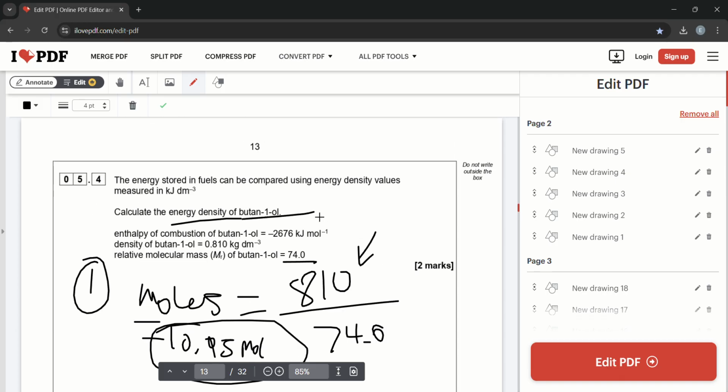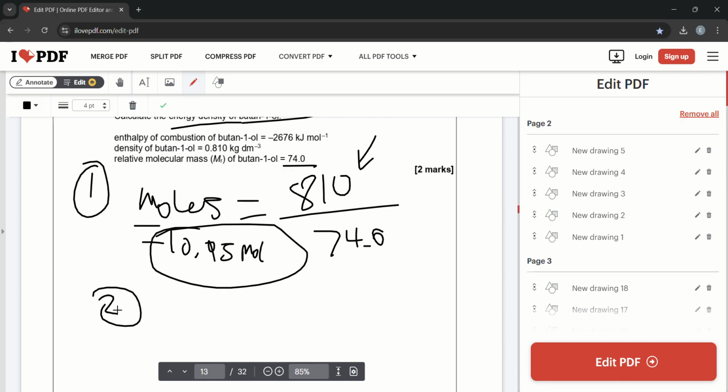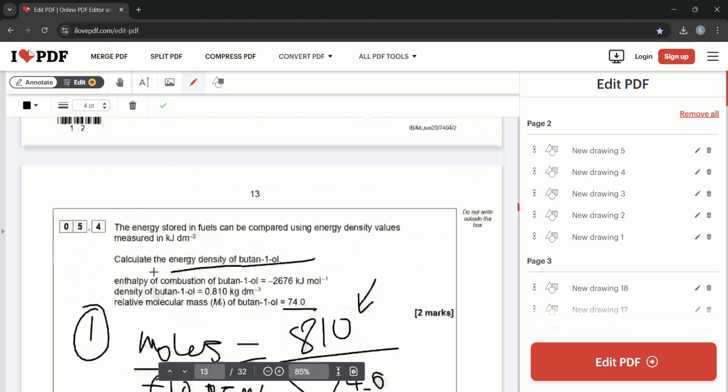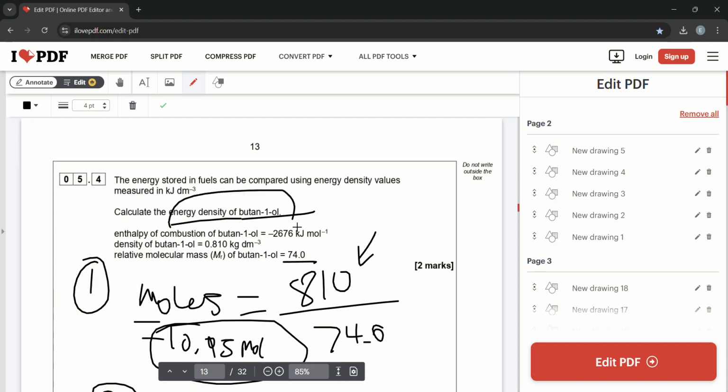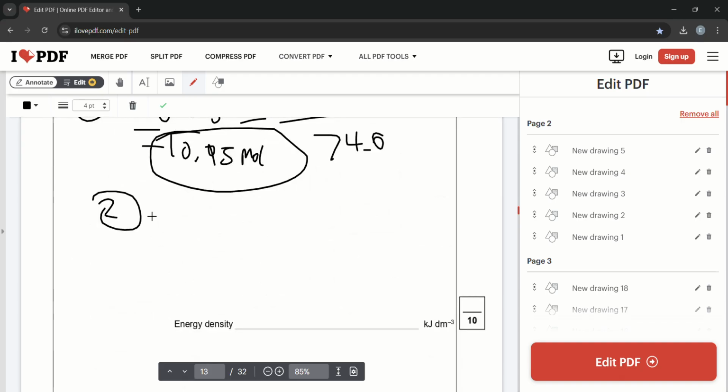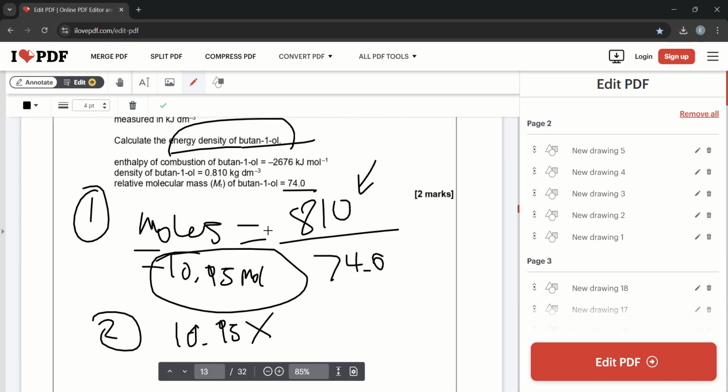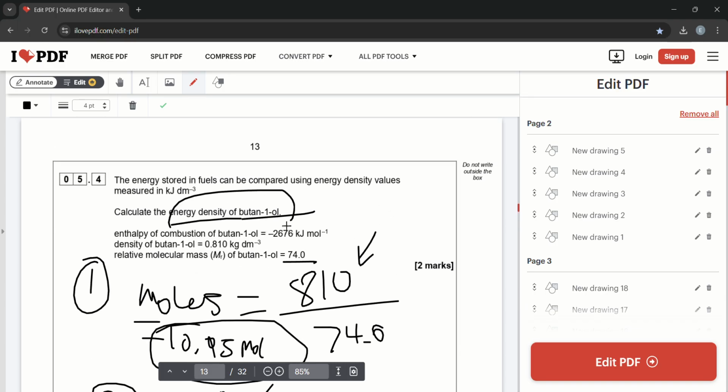Now we want to find out the energy density. To find out the energy density, we're going to do 10.95 times, we're not going to use minus 2676.